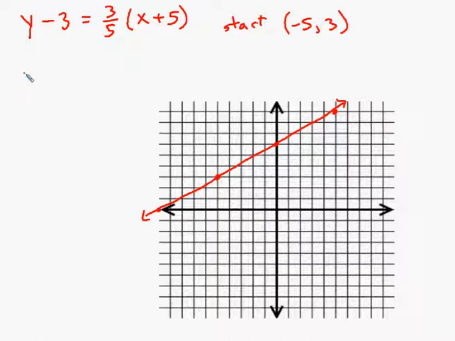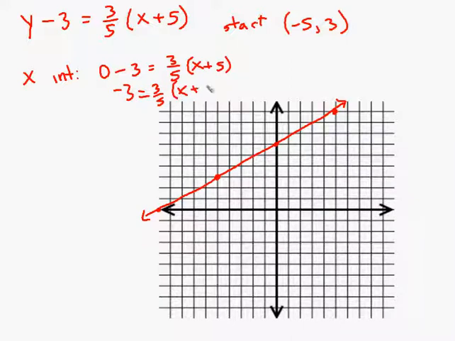Okay, anyways, there we go. There's that line. Let's say I wanted the x-intercept. Kane, do you not know how to graph? What did I do wrong? -5? Never mind. I was about to say, what's wrong with it? Okay, so to find the x-intercept, I replace what? Y with 0. So I get 0 minus 3 equals 3/5 times x plus 5. Now what? You solve. Okay, what should I do to solve?